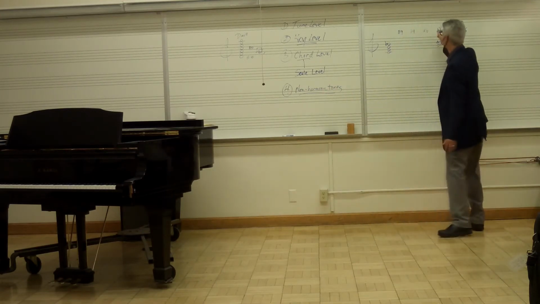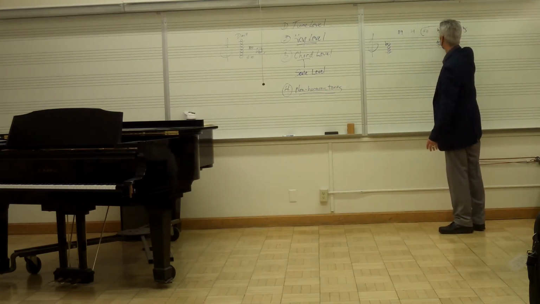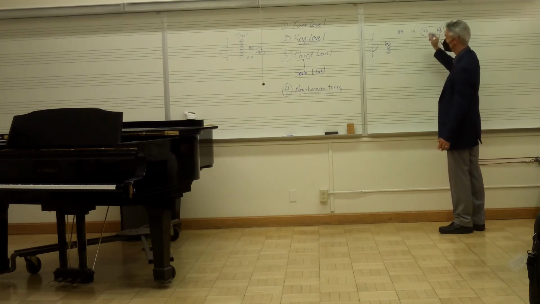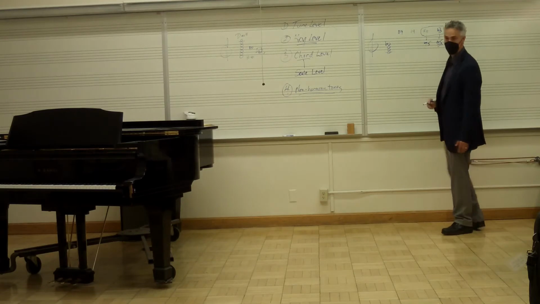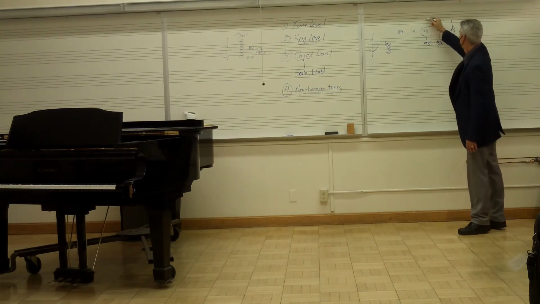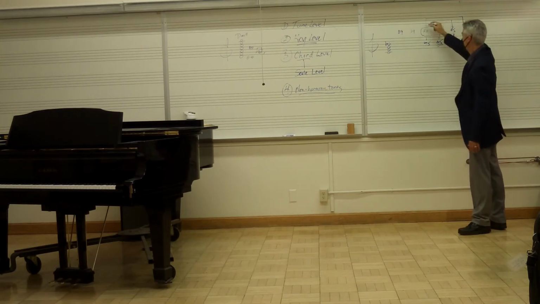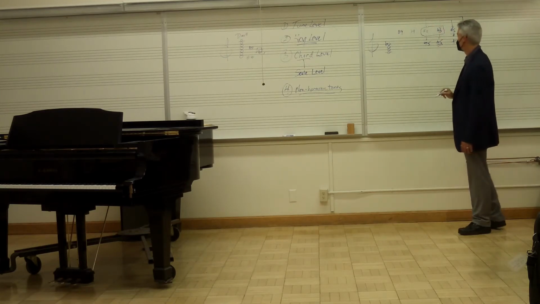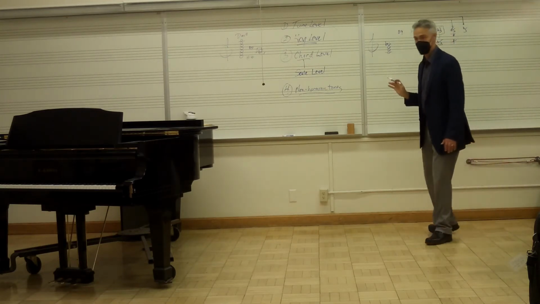So these two often are found together, not all the time, but the sharp 11 also means you've got a natural 5. So these are the same note, but they're not just enharmonic spellings, right?